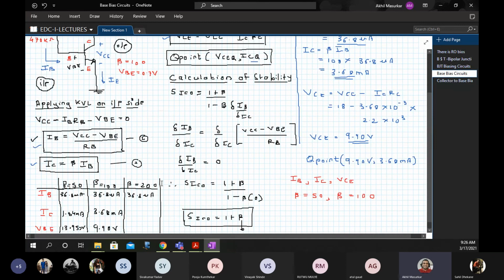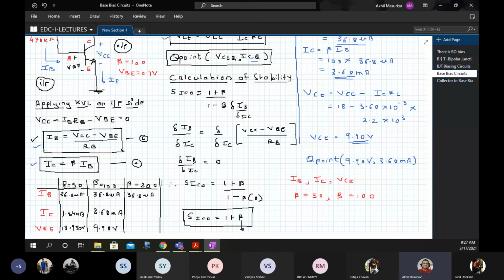So actually when beta doubles or becomes half, we don't want anything to change.